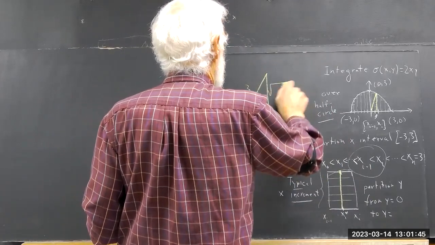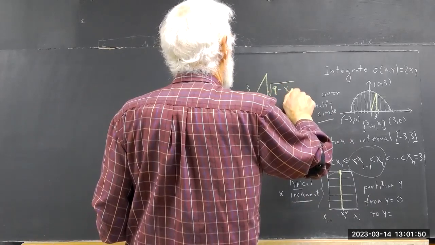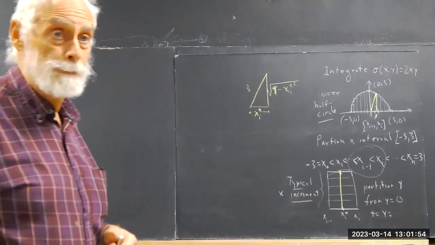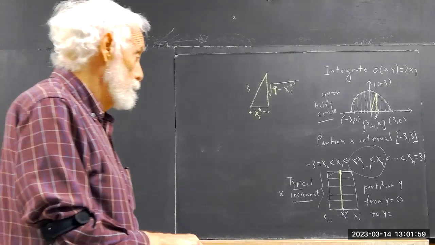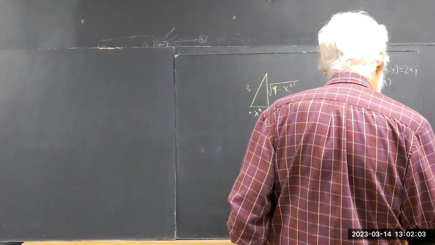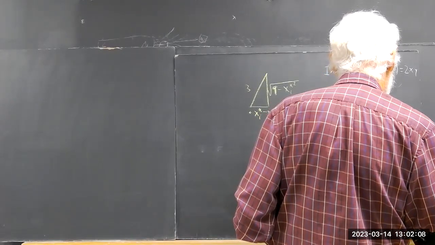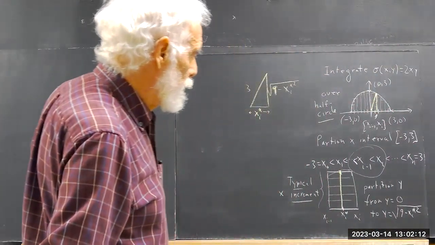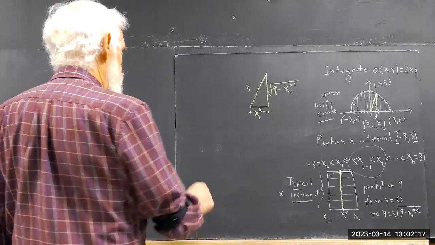So what we have is the square root of 9 minus x_i star squared. So y goes from 0 to the square root of 9 minus x_i star squared. So what's our partition?